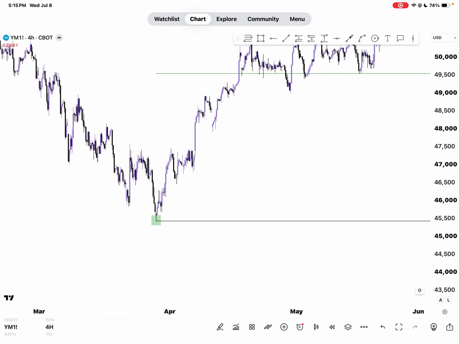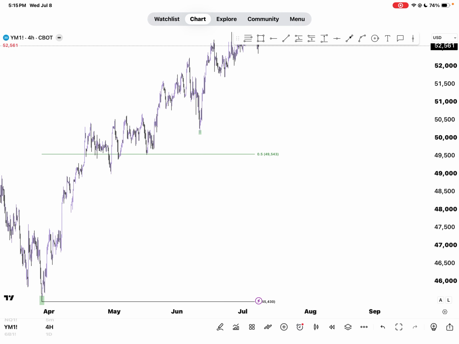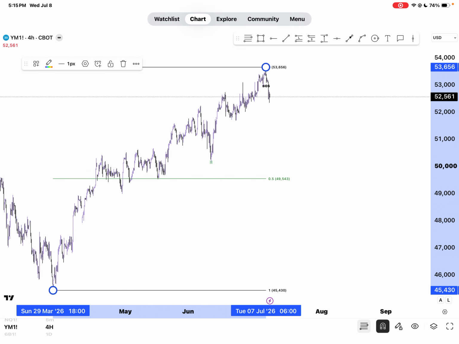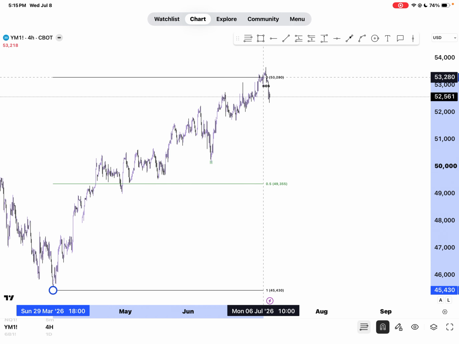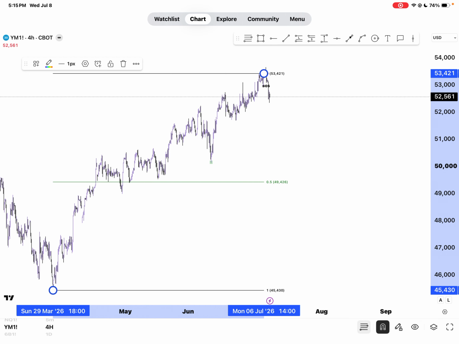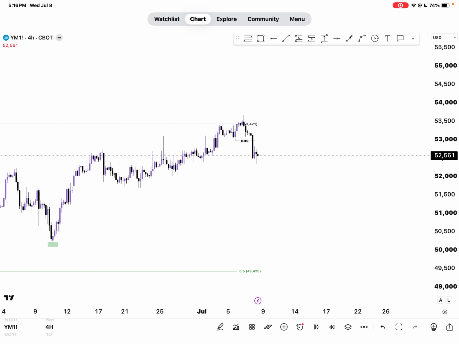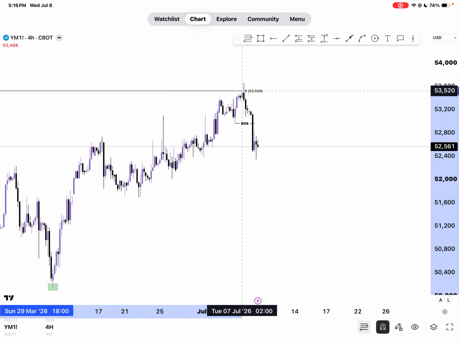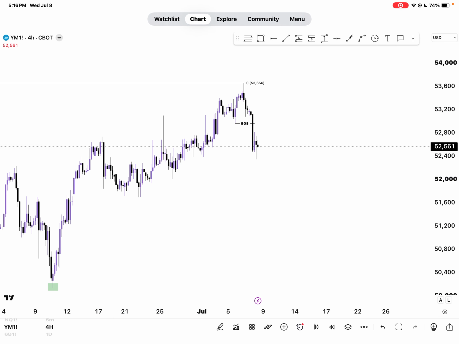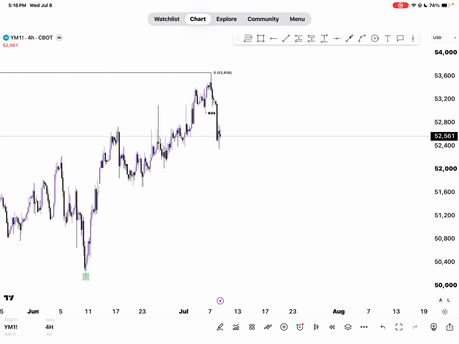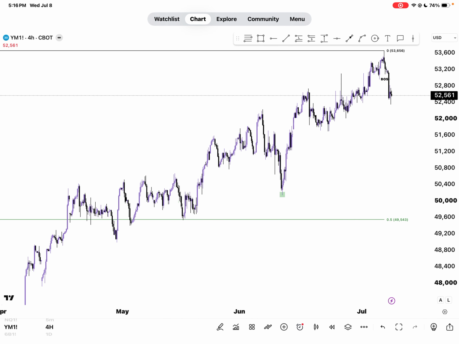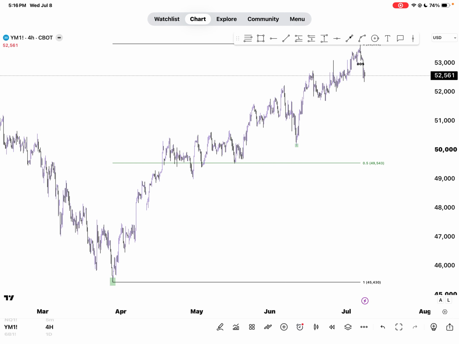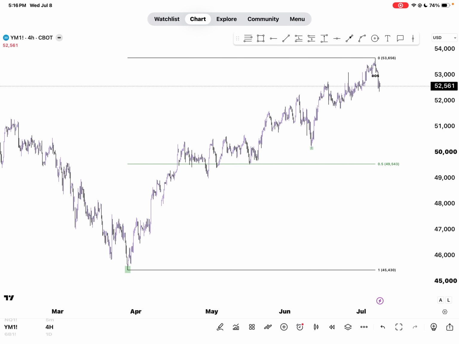Okay, so from this low up to this high, following the breaker structure of this price leg, existing from this low to this high here, which is also a structural point, we now have transitioned from a bullish run into a bullish range. So this is going to be interesting to see if this range actually holds.